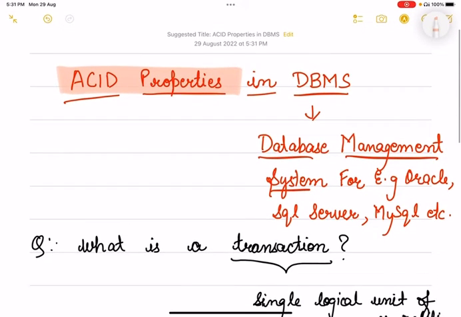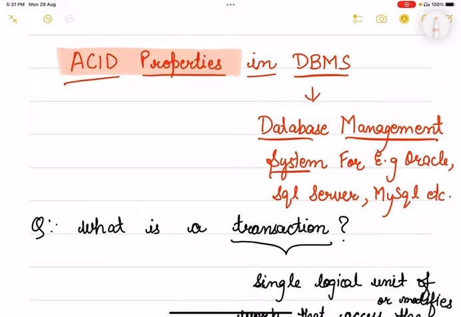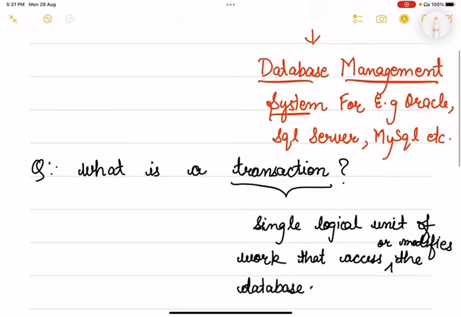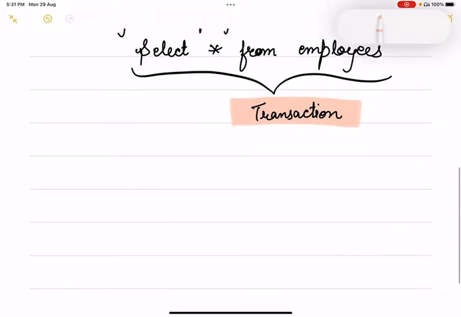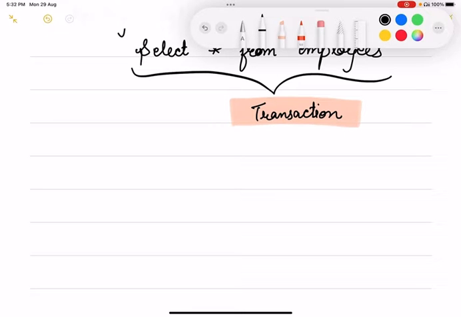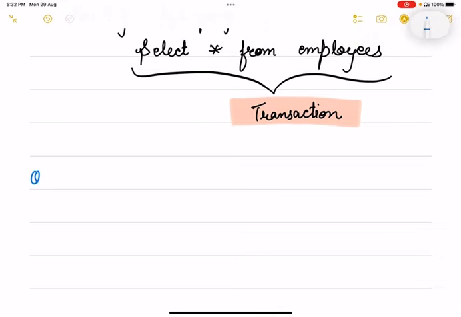So let's get back to our topic, ACID properties. But before understanding the ACID properties, we should know why we follow ACID properties, why there is a need to follow them.